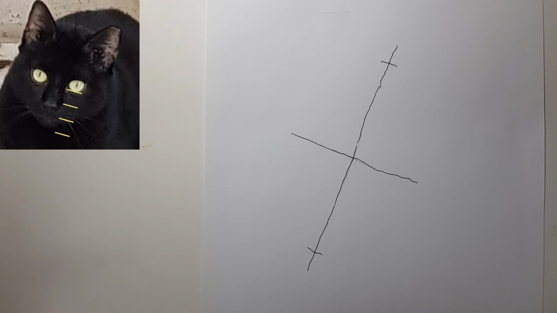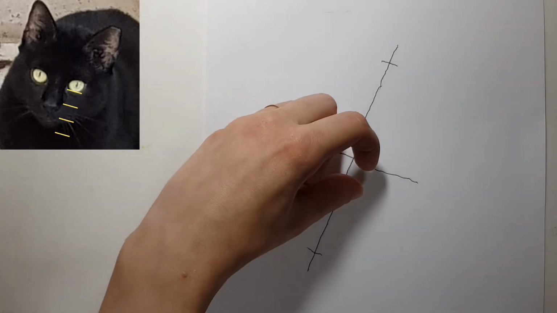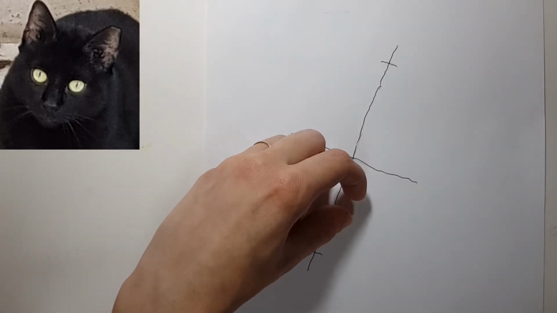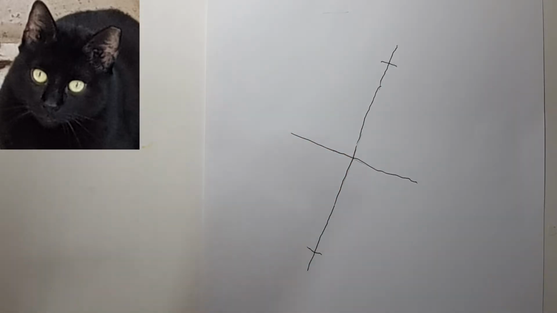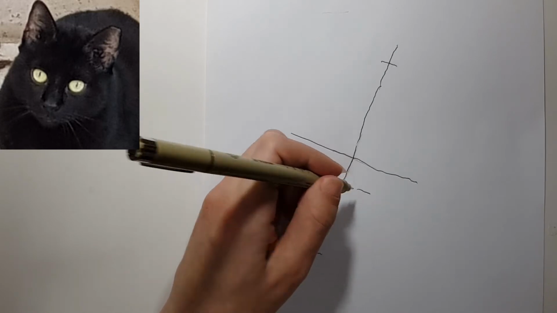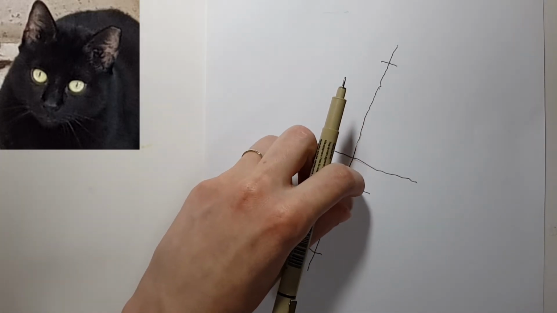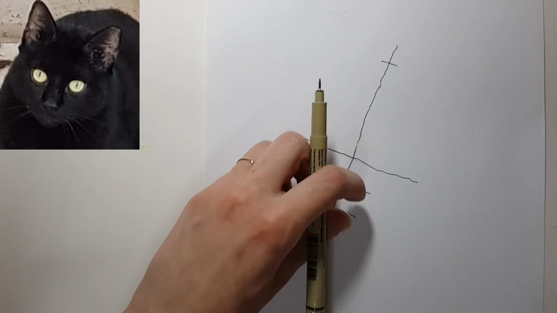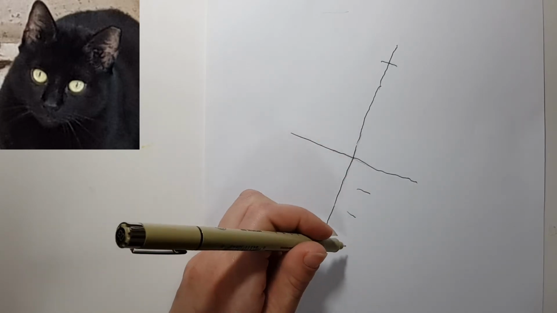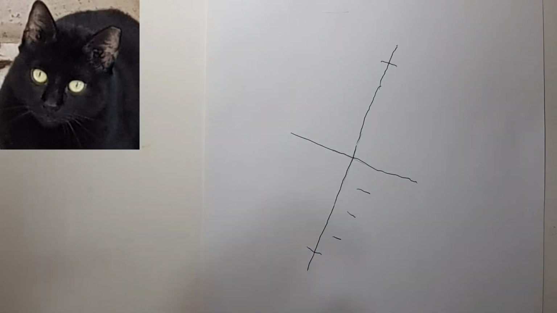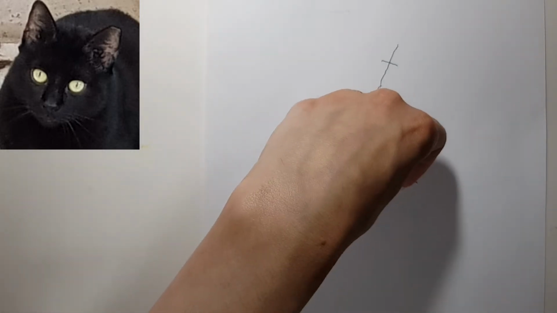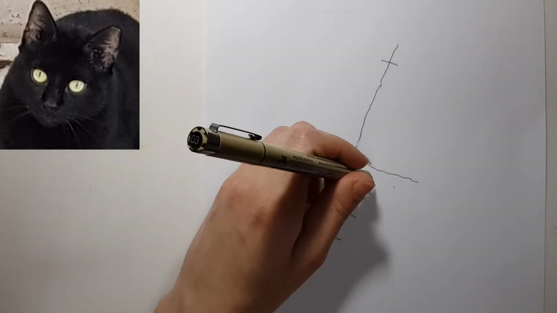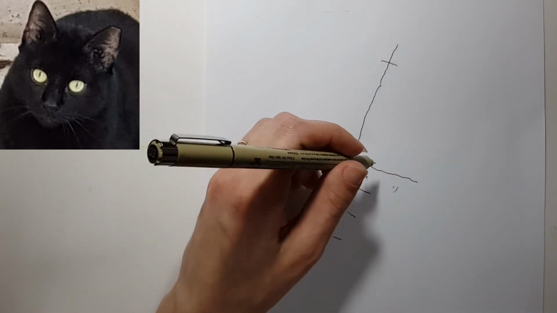The distance from the top of the eye to the bottom of the face is a little less than 4 times the height of the eye. So I divide the distance from the top of the eyes to the bottom of the face into 4 sections. One of them is smaller. The width of the eye is longer than the length of the eye.